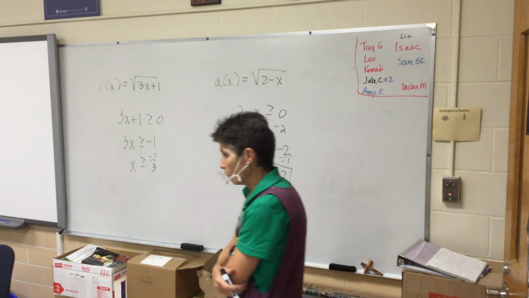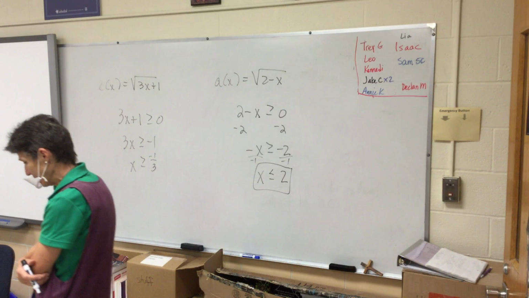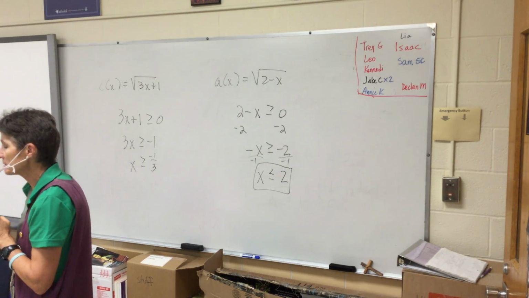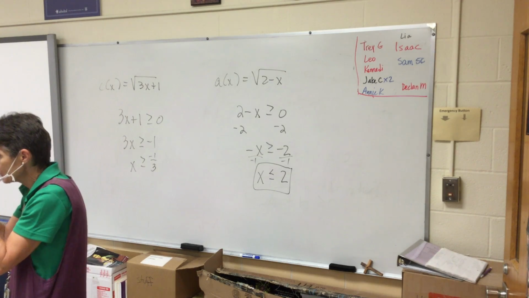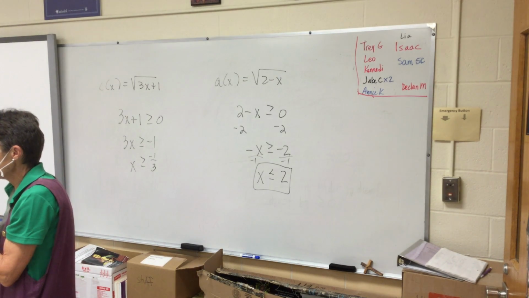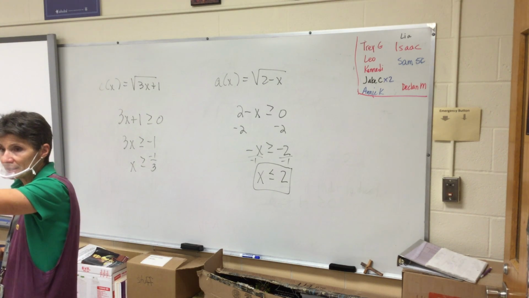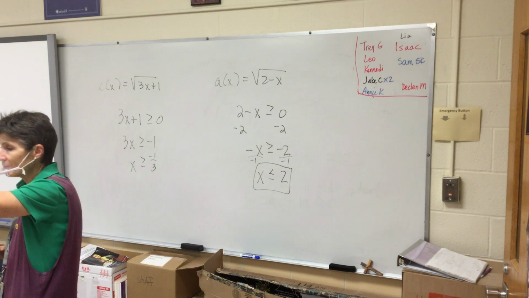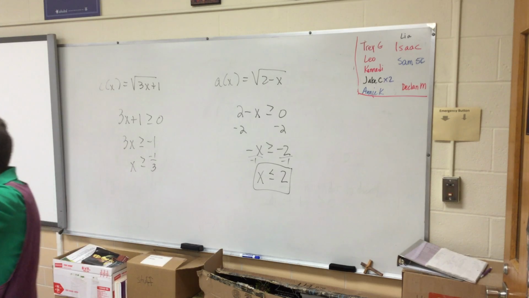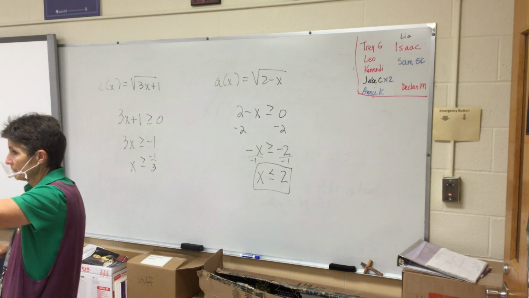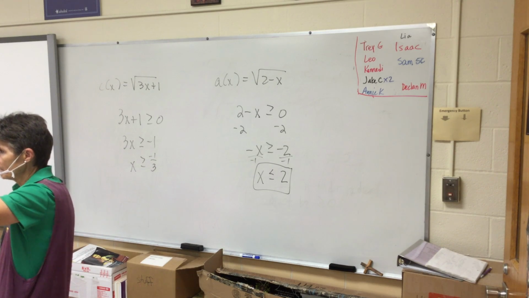All right, so one more time. What are the two things we have to pay attention to when we do domain? Denominator cannot be 0. So if you have a fraction, whatever's in the denominator is not equal to 0.